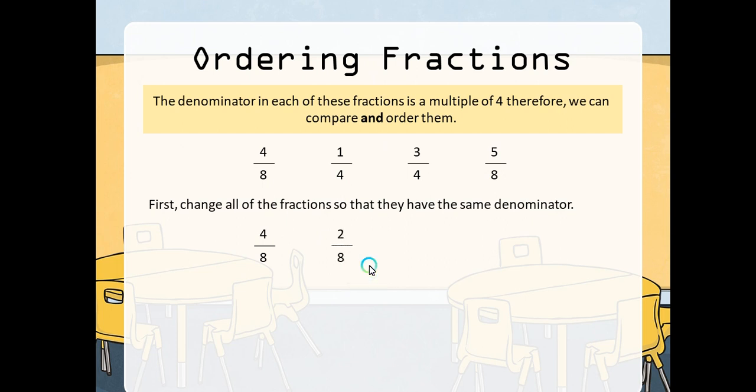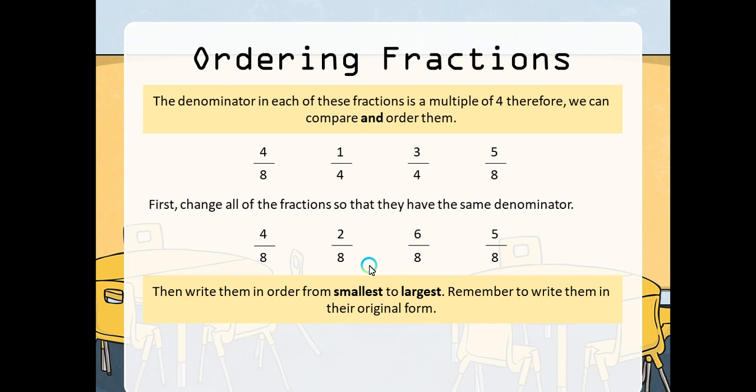So here are the results of our multiplication. We have 4 over 8, 2 over 8, 6 over 8, and 5 over 8. Now we want to order them from the smallest to the largest, but we are going to write them in their original form. Which one is the smallest?